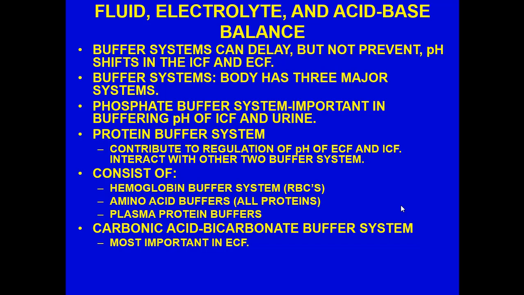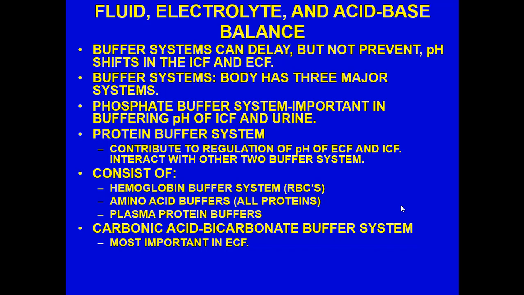You have to keep in mind that there are three major buffer systems in the body. The first one is the phosphate buffer system. It's important in buffering the pH of ICF and urine. Now, the second one is the protein buffer system, which contributes to the regulation of the pH in both ECF and ICF. This is the interesting thing. This particular system, which consists of three major components, really interacts with the other two buffering systems, the phosphate and the carbonic acid one.